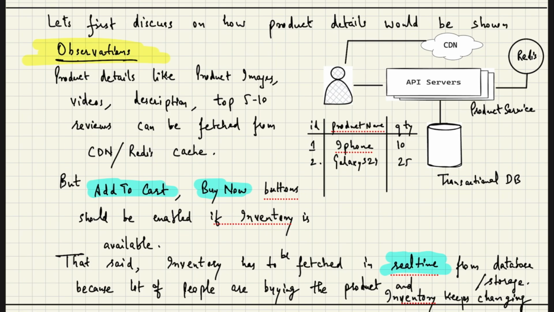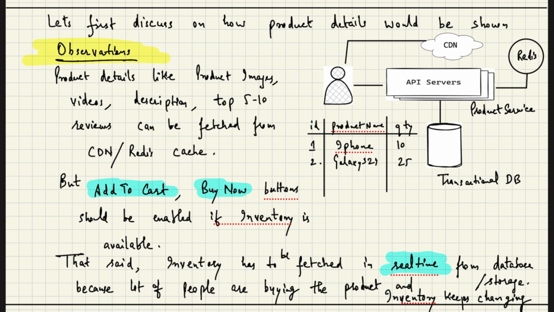So inventory has to be fetched in real time from the database or any kind of storage, right? Because a lot of people are buying the product at the same time and the inventory keeps changing. There's a lot of high contention here. The products are limited, but imagine the users trying to buy the same product.